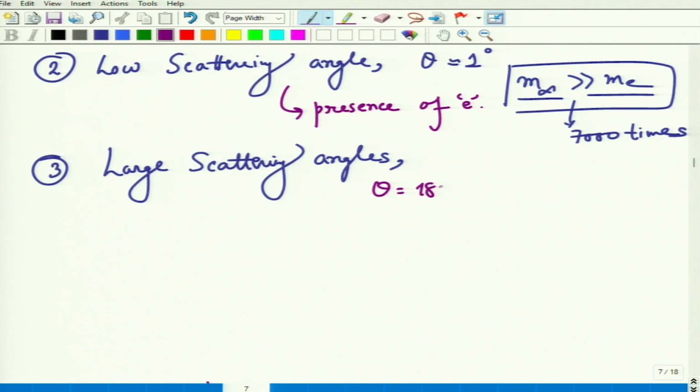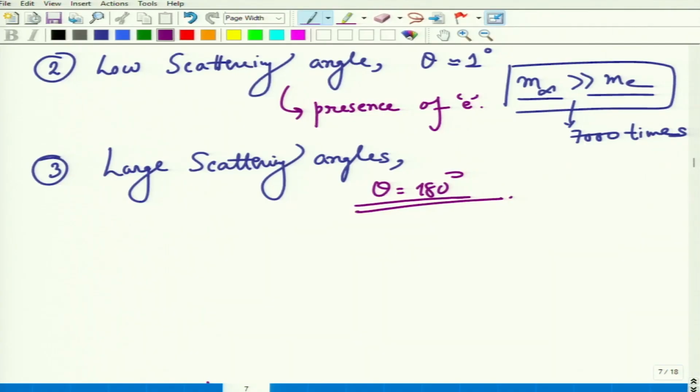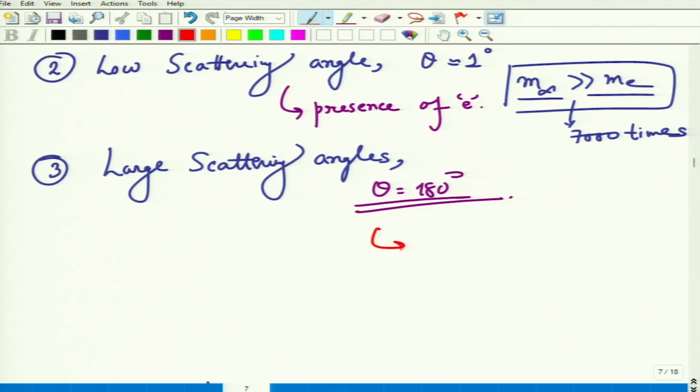It is scattered around 180 degrees, which essentially suggests that the entire positive charge of the atom, because it is confirmed that there is some positive charge, otherwise the overall charge will not be neutral. There should be some positive charge which can balance the negatively charged electrons. So almost the total positive charge and the mass of the atom was concentrated in a small space of the atom, which was called the nucleus.